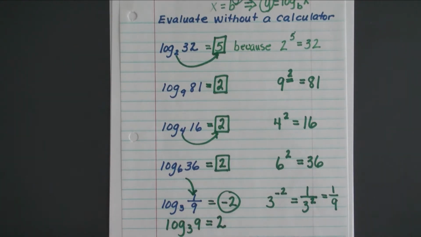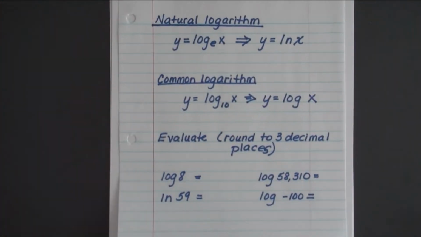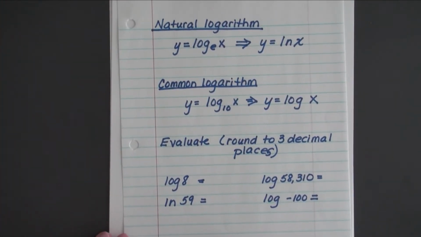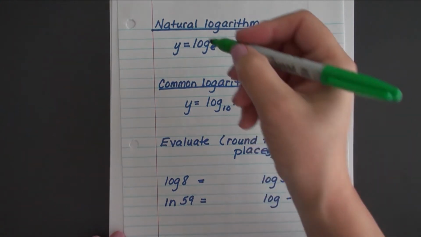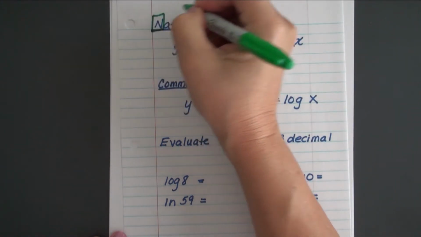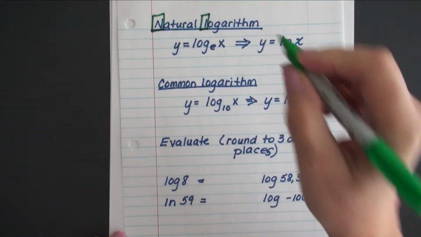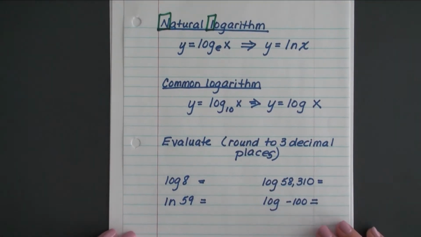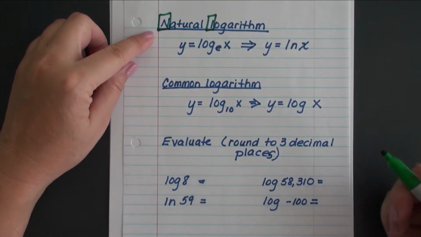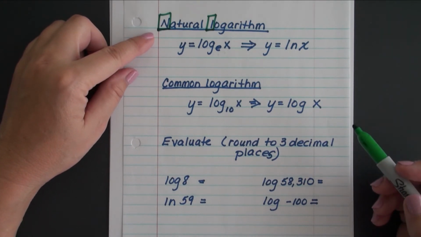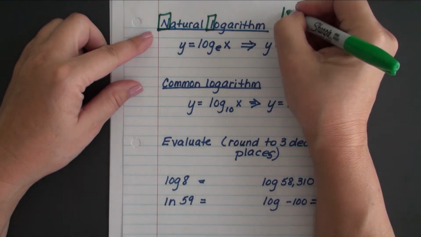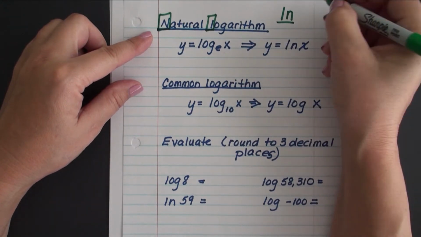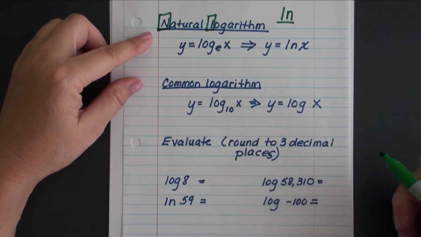Now I have a couple of definitions for you. The first definition is the definition of a natural logarithm. And I put a box around the L and the N because there is a button on your calculator that says LN. That stands for the natural logarithm.